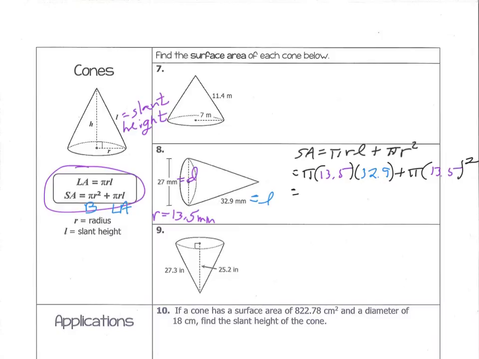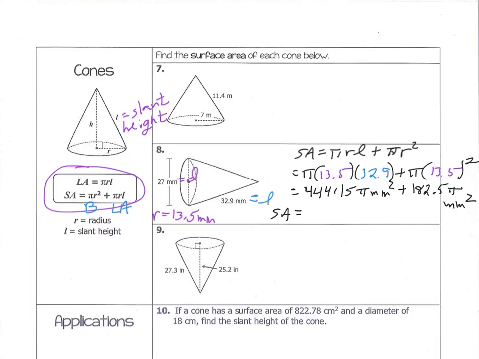So this becomes 444.15 pi, and then that's going to be millimeters squared, plus your 13.5 squared is 182.5 pi millimeters squared. Add them all together, you have surface area.